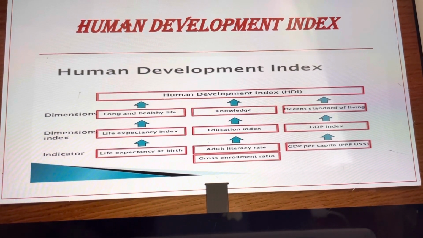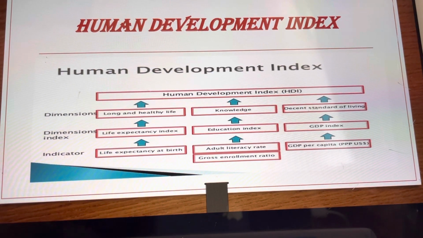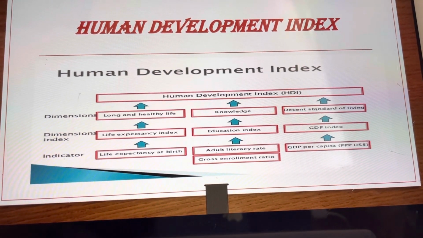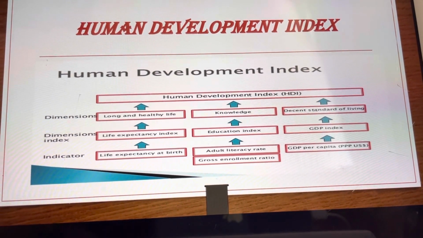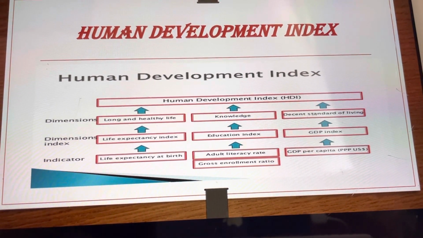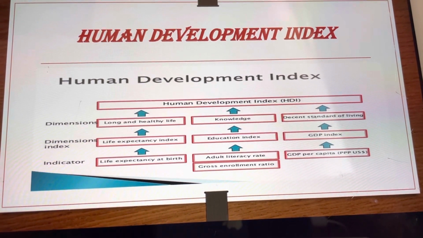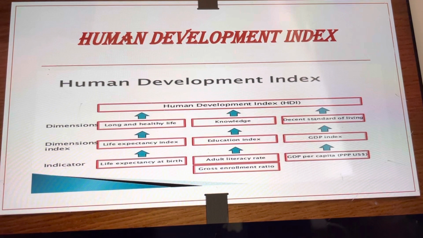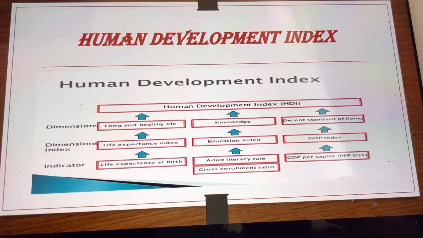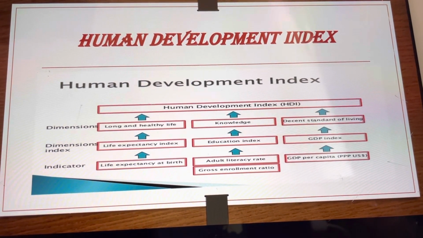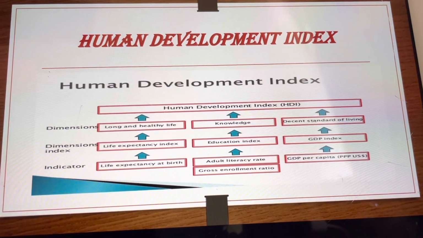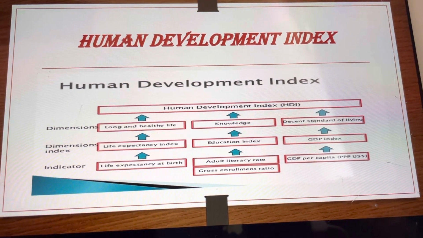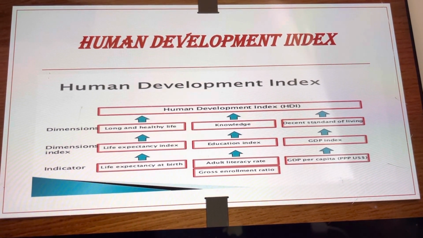So we will see the Human Development Index, which is working on three dimensions. First dimensions: long and healthy life, knowledge, decent standard of living. Dimension index: life expectancy index, education index, GDP index.